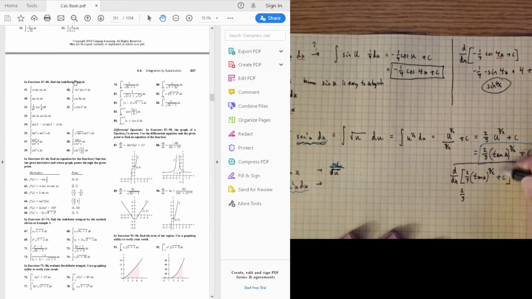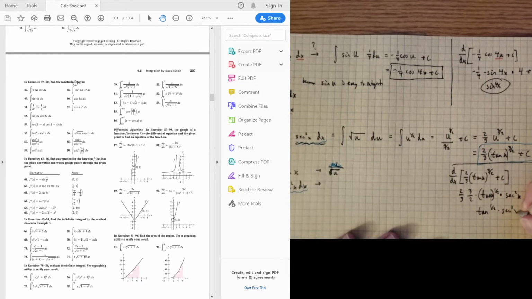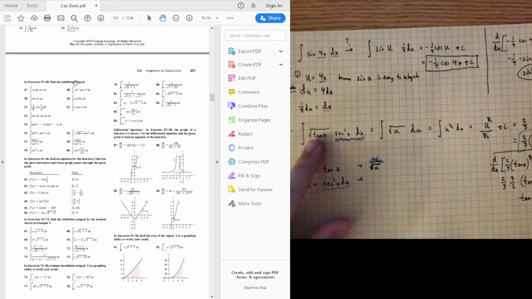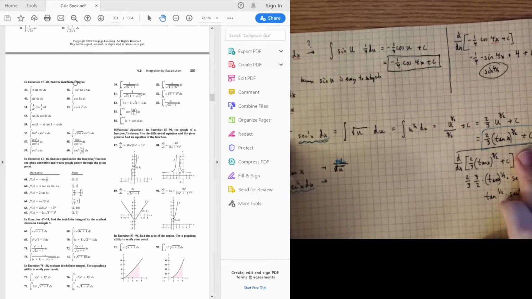The power of 3/2 has to be done first, so remember I multiply by the power and then subtract 1 from the power. And then multiply that by the derivative of the inside. The derivative of the inside is secant squared, because the derivative of tangent is secant squared. The 3/2 and 2/3 are going to cancel. This becomes tangent to the 1/2 power times secant squared of x, which is just a rewrite of the original problem. And so I know the original function worked.